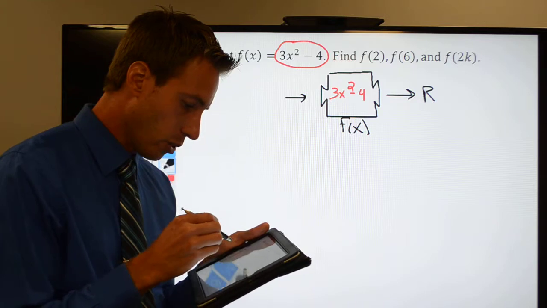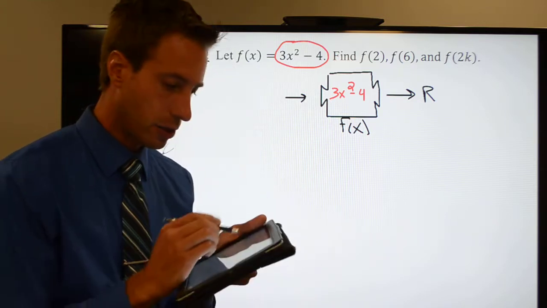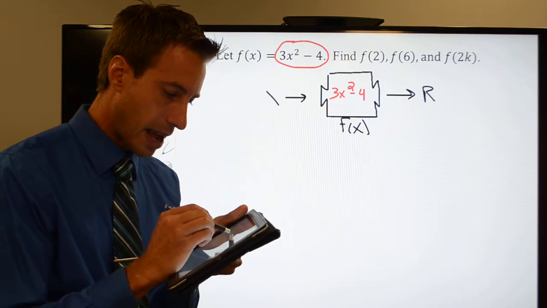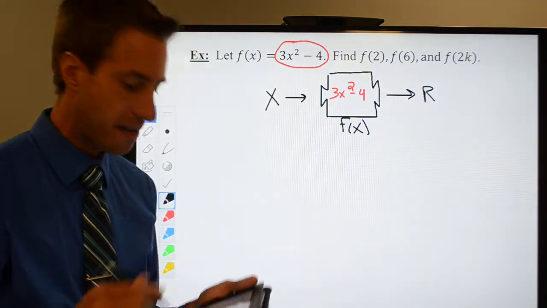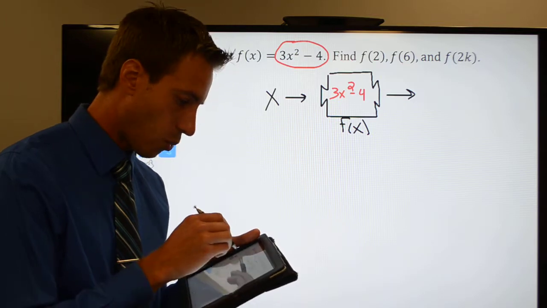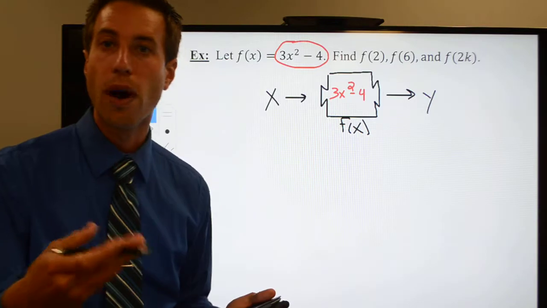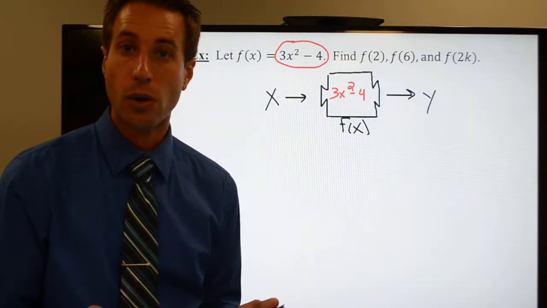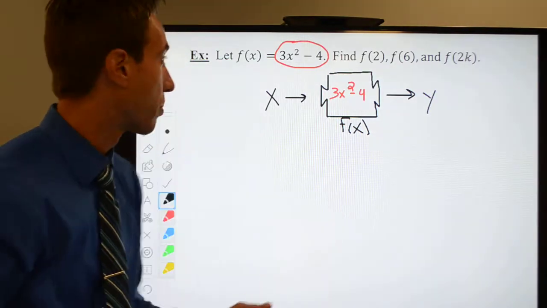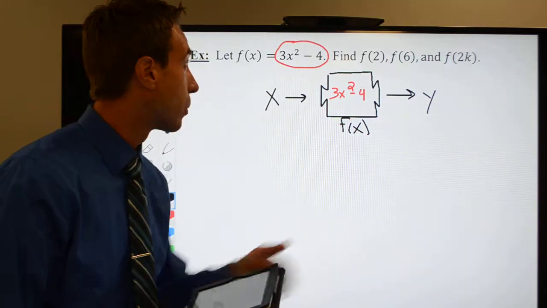You are going to plug in some value for x, and I'm going to tell you what that value is. You're going to get out a y value. You don't know what that is until you've performed the operations of the function. So here we go. Let's take a look at what I've got for you.